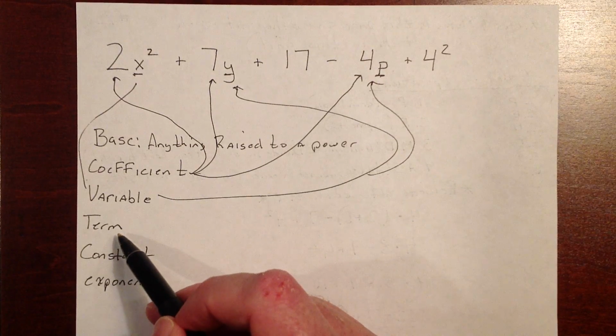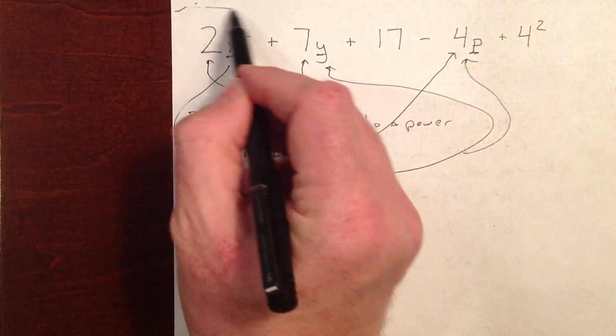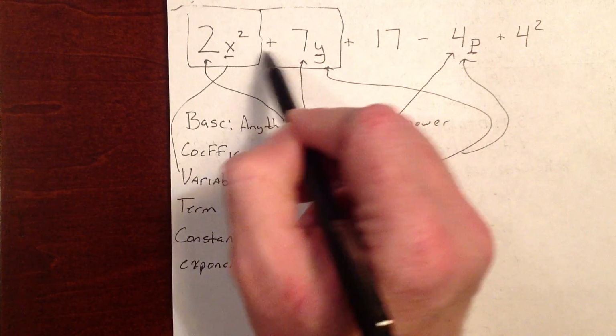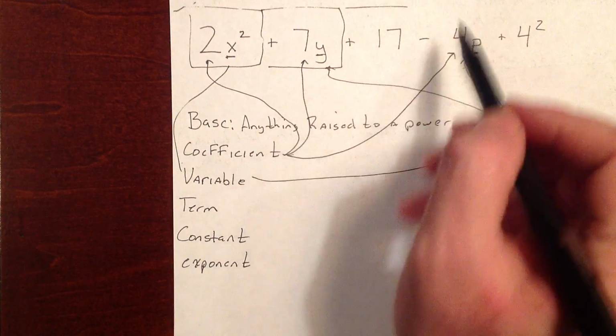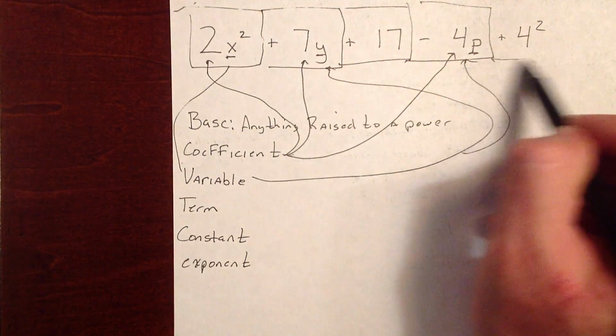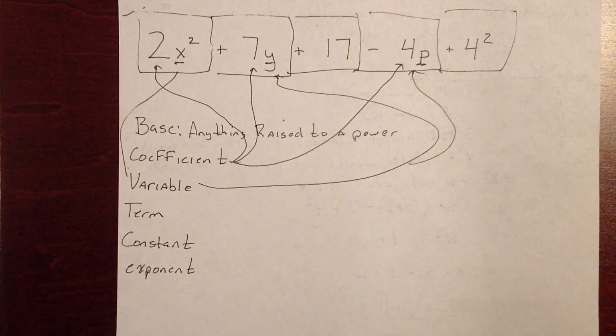Now, a term, that is this whole thing. Every part that is added here. That is this whole thing, and the sign goes with it. This whole thing. This whole thing. And this whole thing. These are all terms. A number can simply be a term by itself. 4, 12, minus 8, so on and so forth.